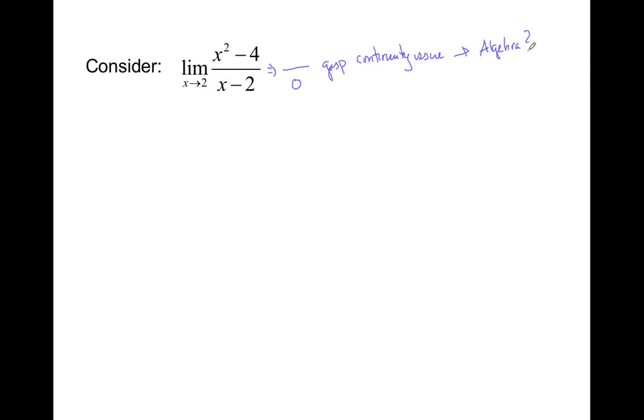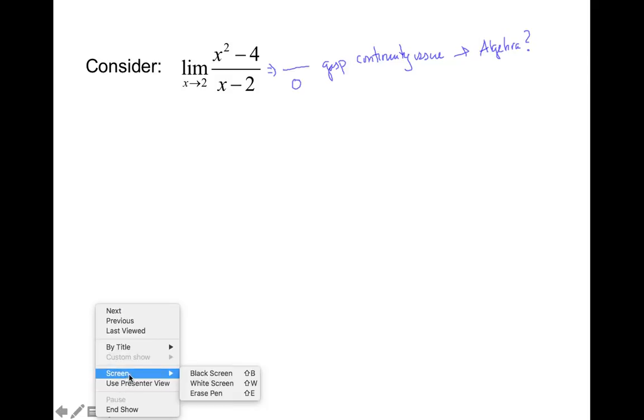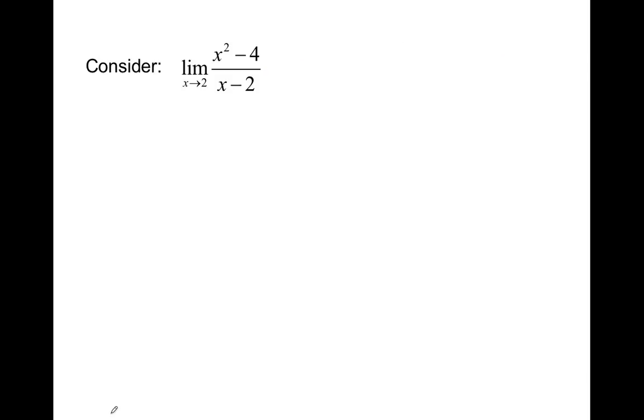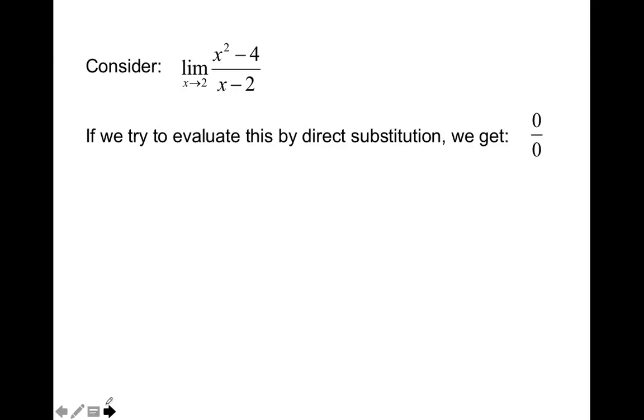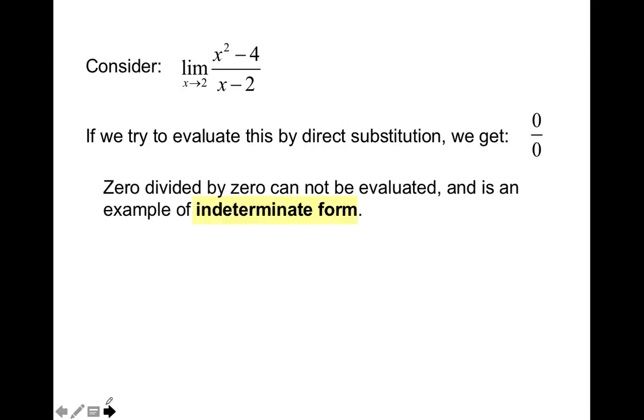And in this case, algebra worked, right? You were able to factor and cancel because this discontinuity ended up being a hole. And as with a hole, we were able to see that the function leveled off on both sides of the hole.